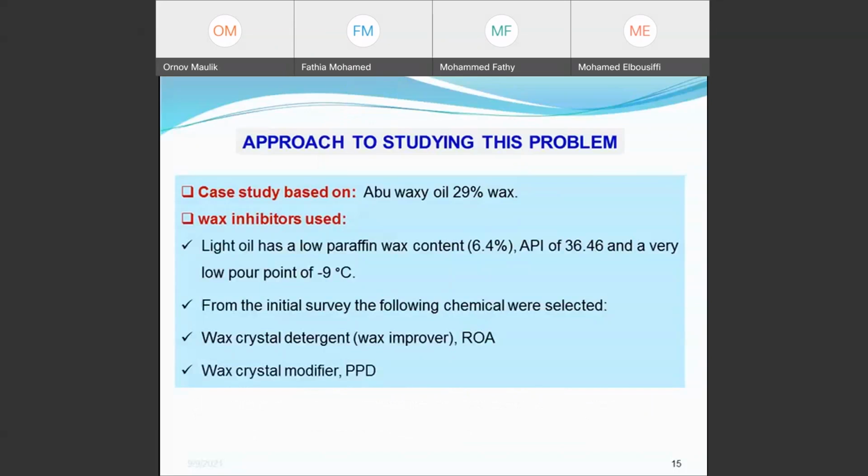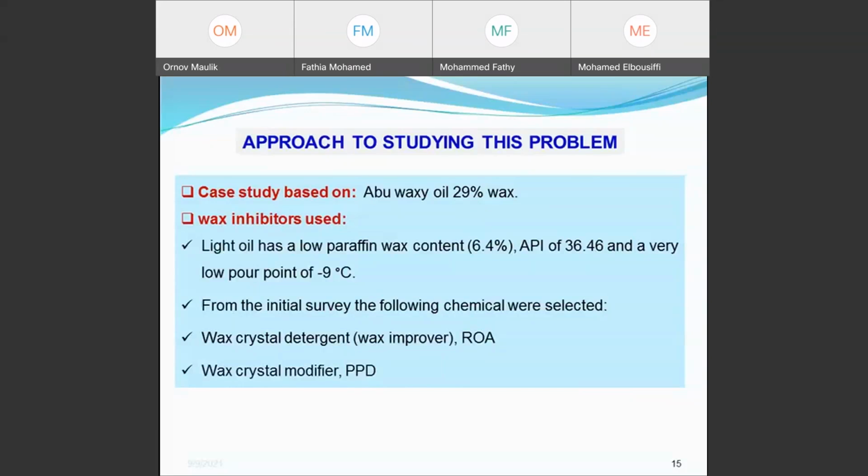We have here a case study based on Abu Tartour waxy crude oil, which has about 29% wax content. Before we choose wax inhibitors, we do a comprehensive survey to choose available chemicals.